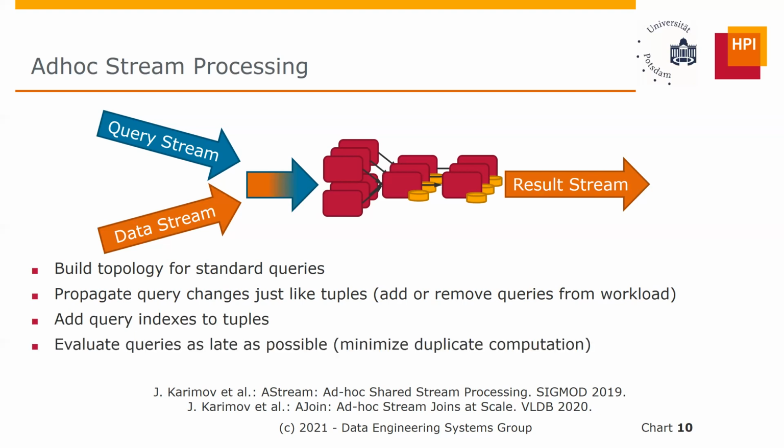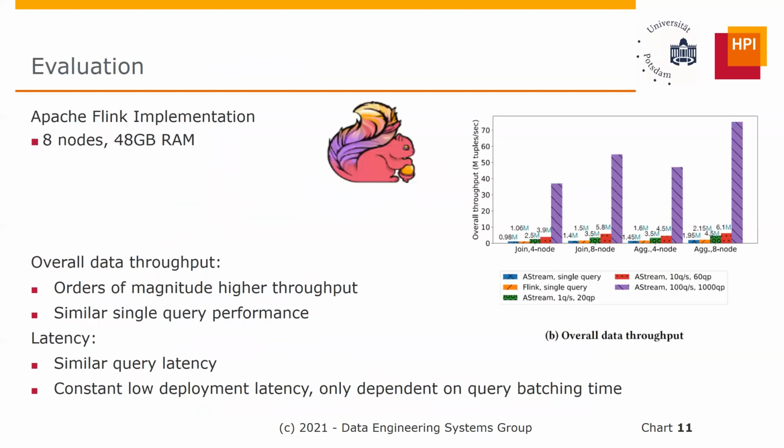And then if we evaluate the queries as late as possible, we don't have to do any duplicate computation. As I said, this works quite nicely. We can optimize dynamically. And in the end, again, we get orders of magnitude throughput improvement. We pay with a little bit of latency. Of course, if we process multiple queries at a time, it will be a bit more costly, but it gets much more efficient.